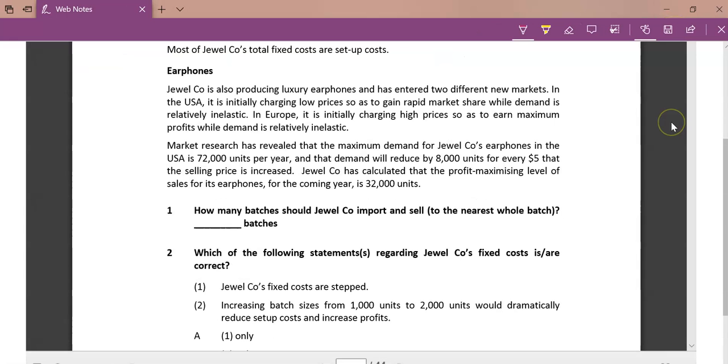So you can see what they're telling us here is that you can do a maximum of 72,000 per year. Again, I'm going to go to a graph, and it says the demand will reduce by 8,000 units for every £5.